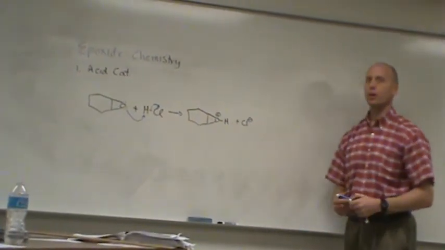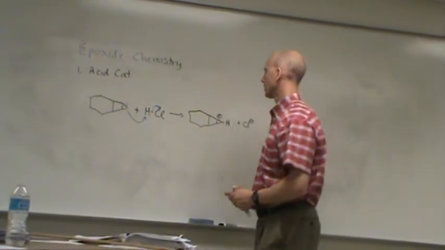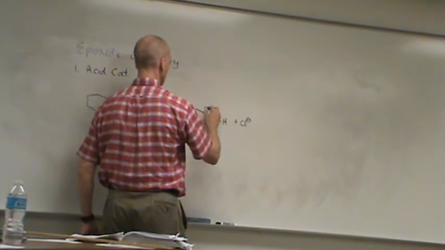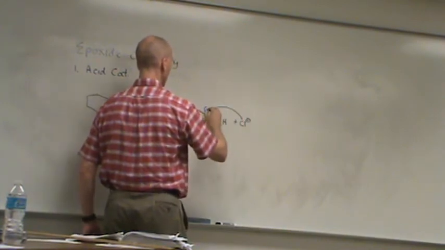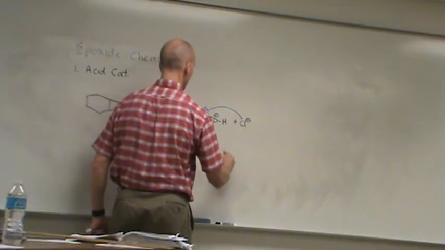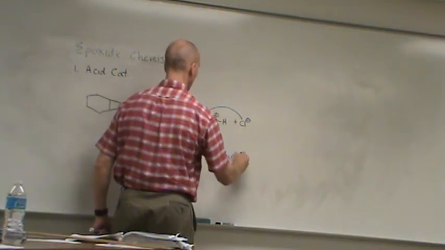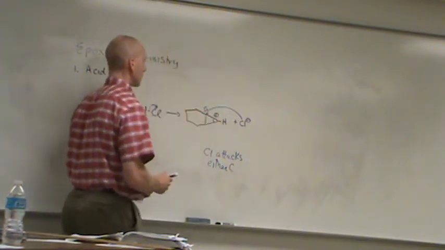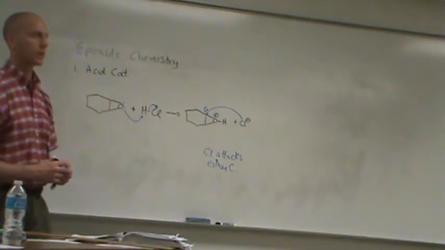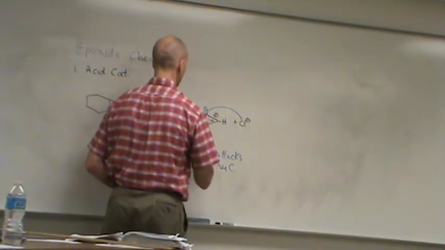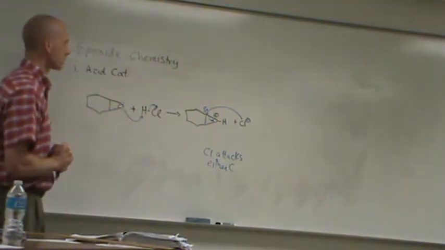So remember, these carbons are delta plus. So the chlorine can attack either. Okay, so we'll just show it attacking the top one. That bond breaks.